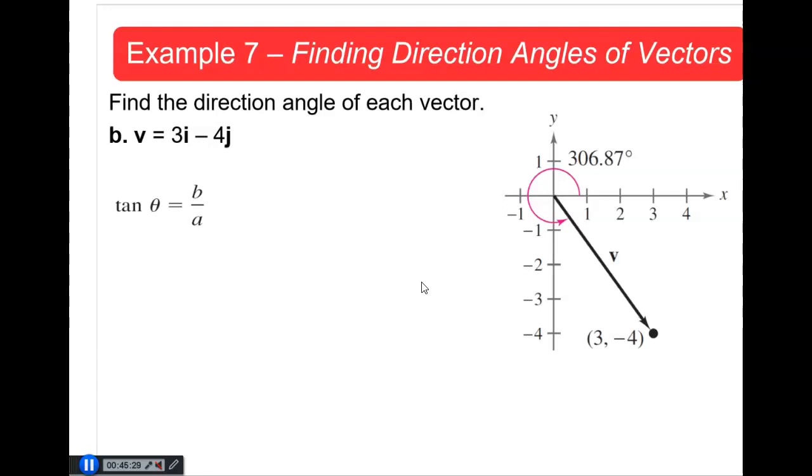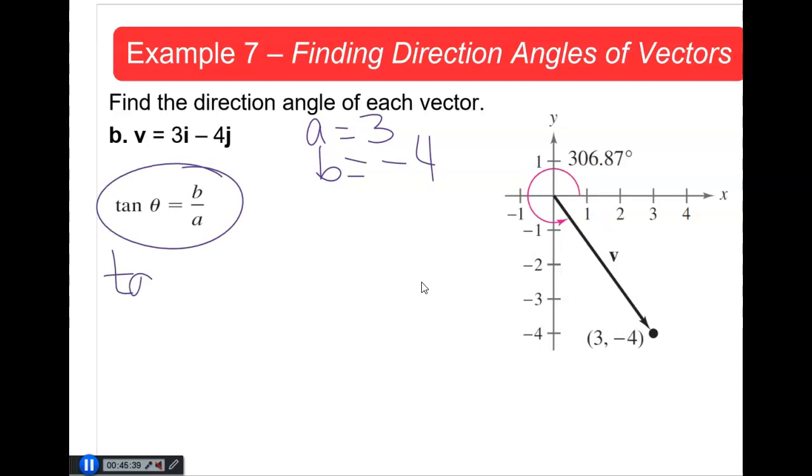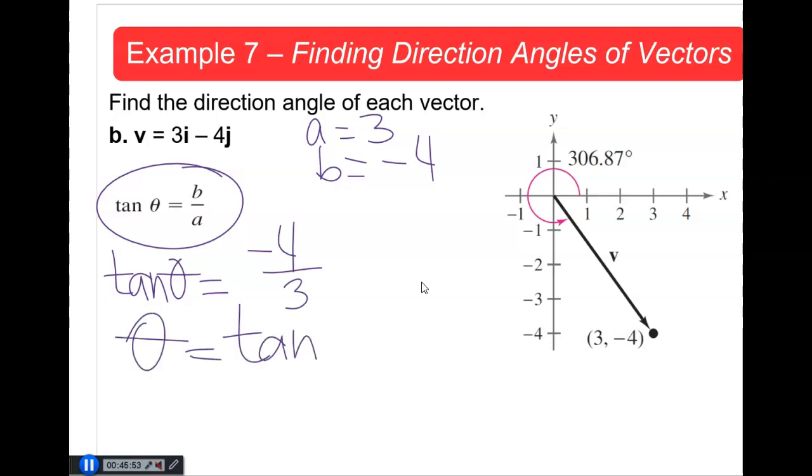And we're going to do the same thing. So we have that A is equal to positive 3 and B is equal to negative 4. So to find the direction angle, we're going to substitute B over A, so negative 4 over 3. And then to find theta, we will get the tangent inverse of negative 4 over 3.